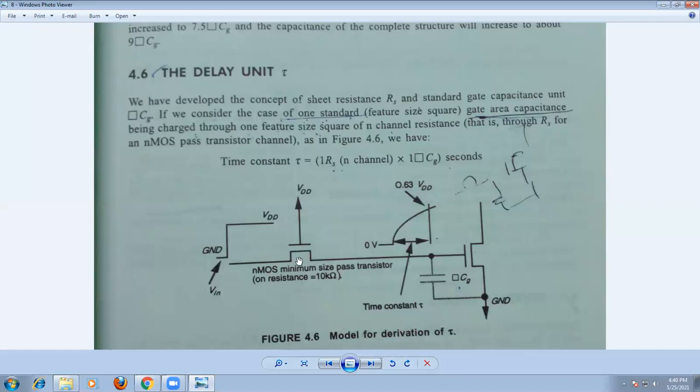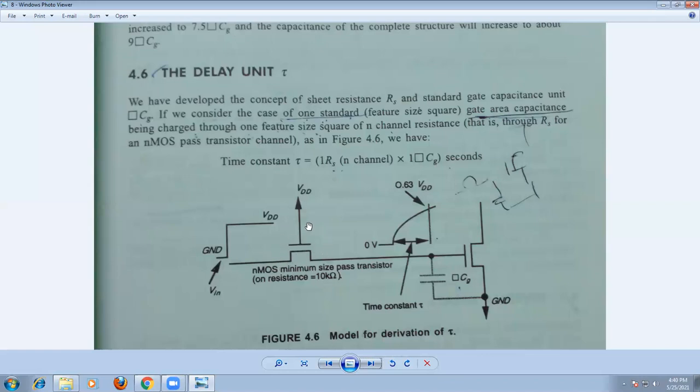Let us go for the 5 micrometer technology and assume that this is also a minimum size transistor. So the resistance is equal to Z into RS, where Z for a minimum size transistor is equal to 1 for N channel, and the RS value for N channel from the seed resistance table is 10 to the power of 4 ohms. That means the on resistance of this transistor is now equal to 10 kilo ohm.